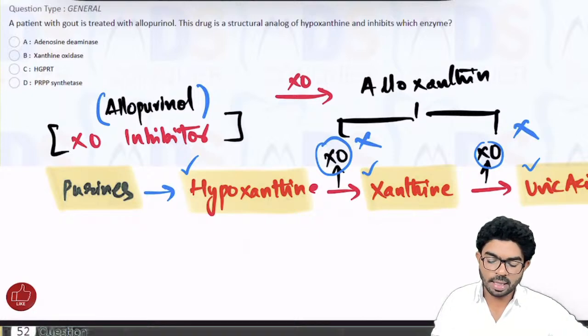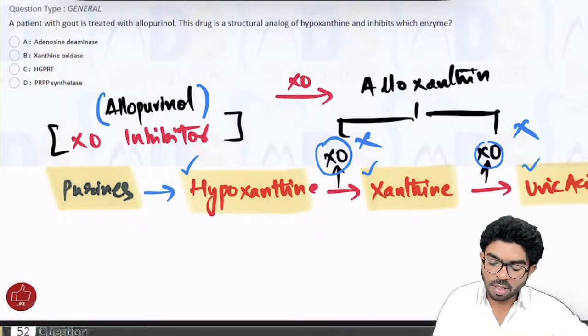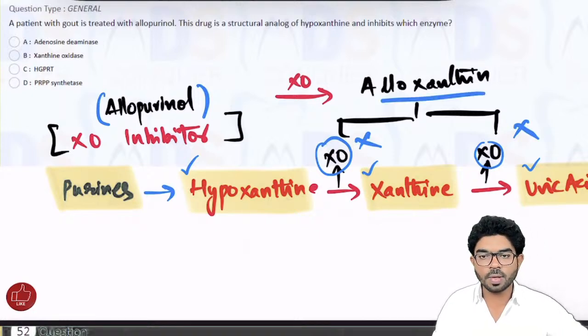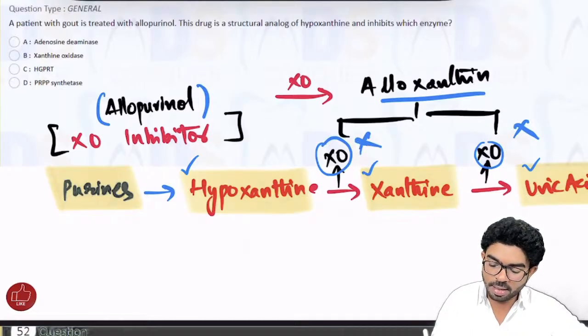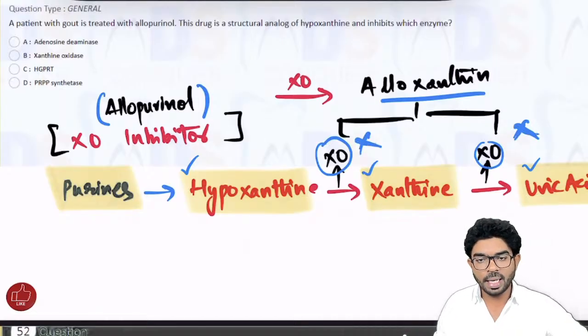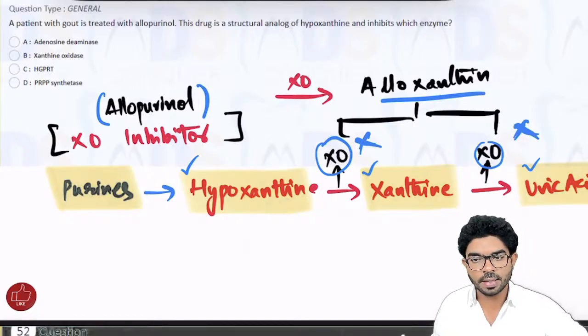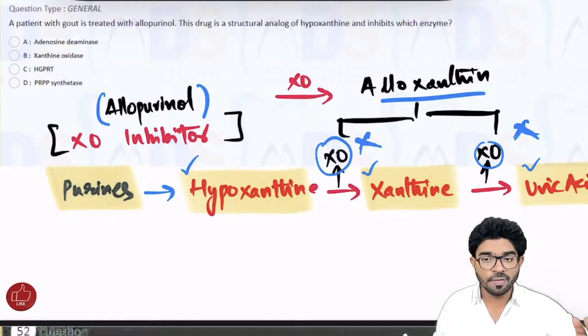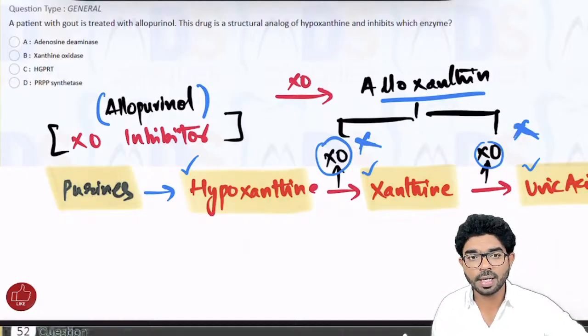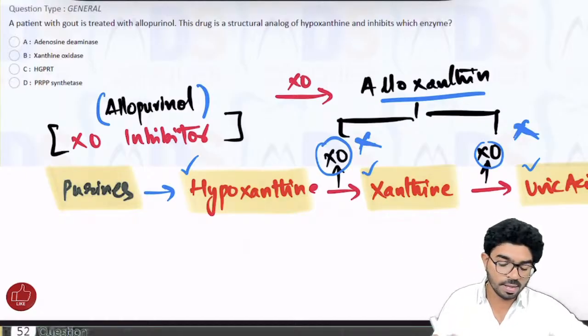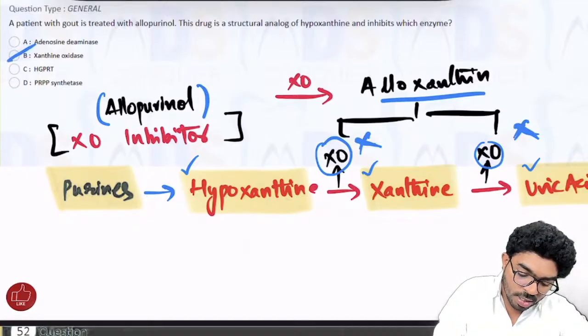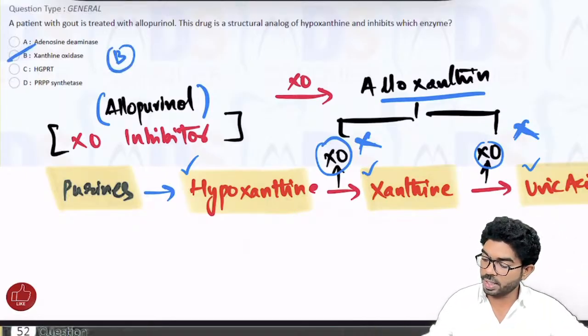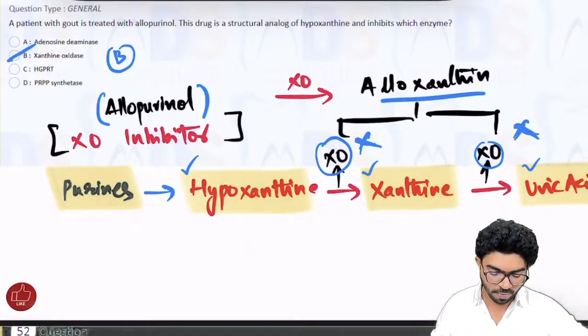Xanthine oxidase will convert allopurinol into alloxanthine, and this alloxanthine is going to inhibit the oxidase enzyme, inhibiting the conversion of hypoxanthine to xanthine and xanthine to uric acid, by which uric acid formation will be minimized, and this is how the treatment works. Okay, the answer is xanthine oxidase, option B. So we are done with 51.